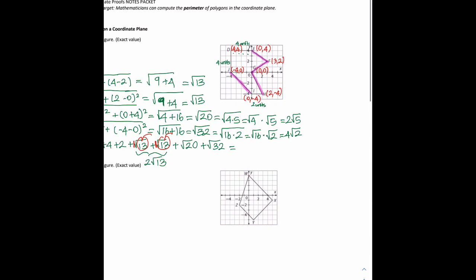an exact value would be 10 plus 2 square root of 13 plus square root of 20 plus square root of 32 units, or we can use square root of 2, square root of 5 and 4 square root of 2, and we can say 10 plus 2 square root of 13 plus 2 square root of 5 plus 4 square root of 2 units as well.